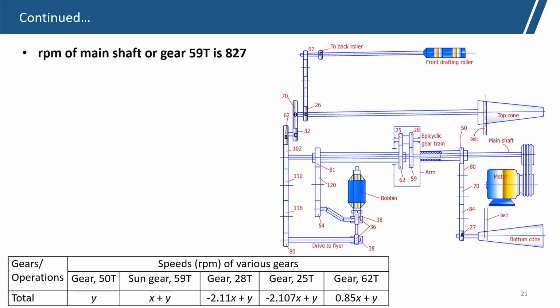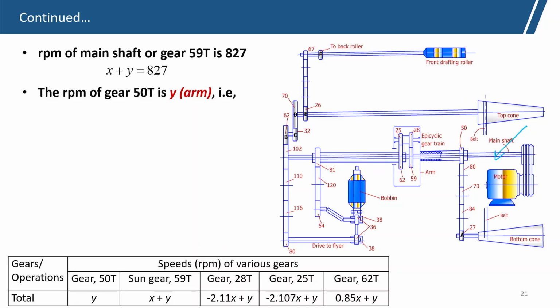Now, the RPM of the main shaft, or 59 teeth, that is the sun gear, is 827. This we have already seen, it is given. So, the 59 teeth, the sun gear, is nothing but x plus y, which is 827.